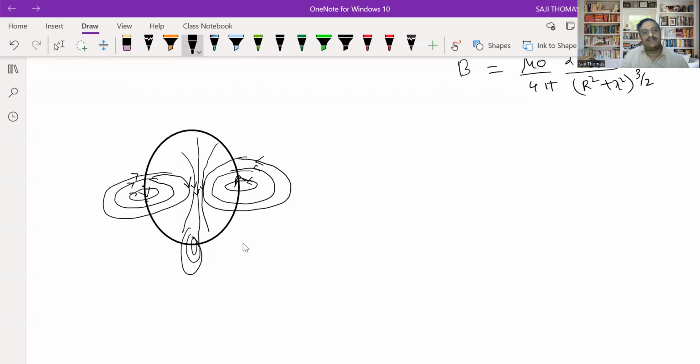So at the center, all field lines move into the plane, like this also. At the center, all field lines will be in the same direction.